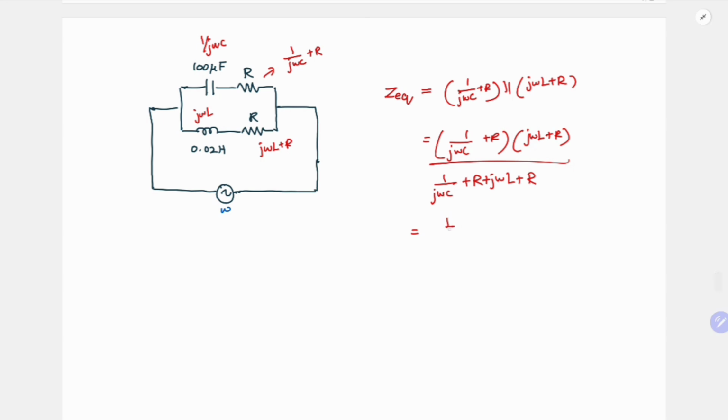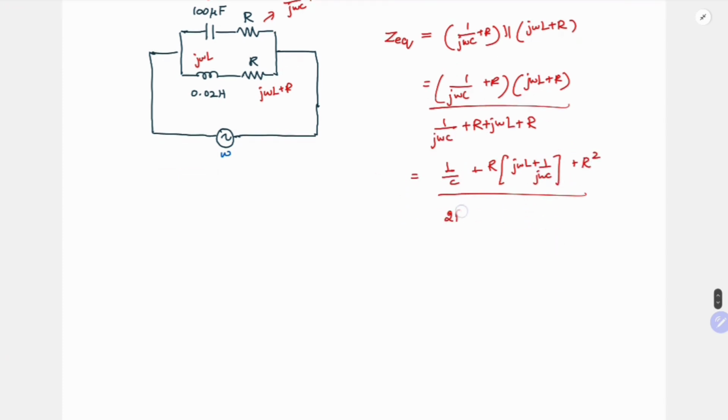So this is equal to L by C plus R into (j omega L plus 1 by j omega C) plus R square, divided by 2R plus j omega L plus 1 by j omega C.